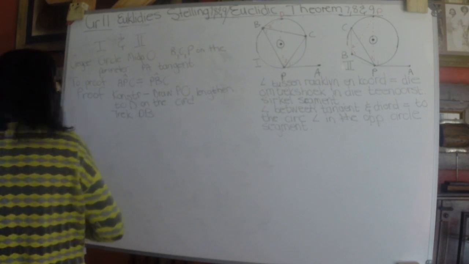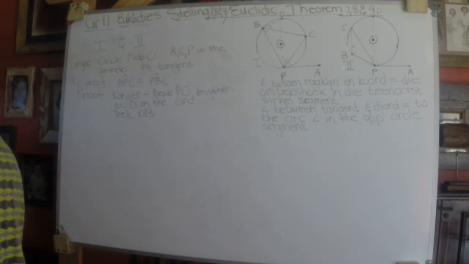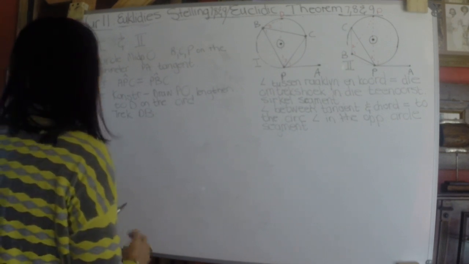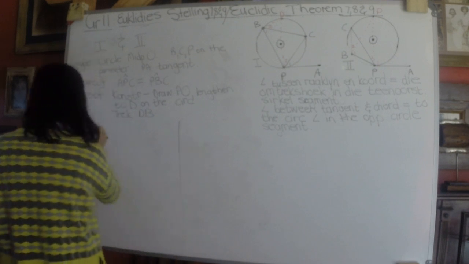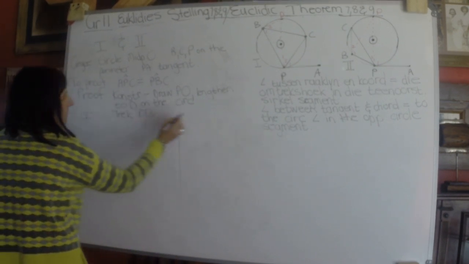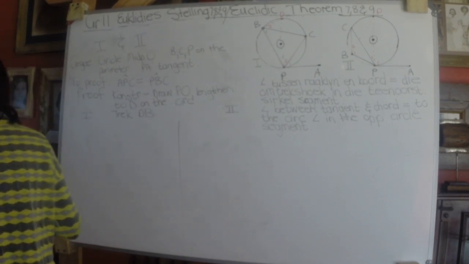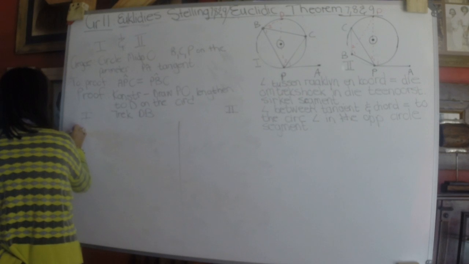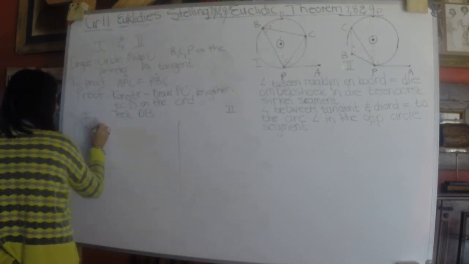Okay, so let's start the proof, and now we're going to differ between case 1 and case 2. We'll do the proof of case 1 over here, and then we'll do case 2 over there. So we're going to start by saying P1 plus P2 equals 90 degrees.